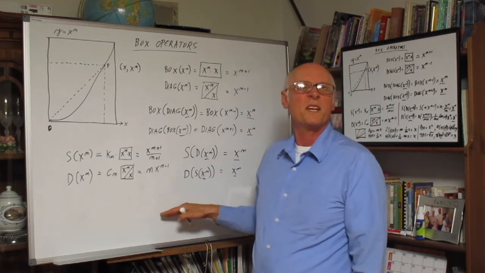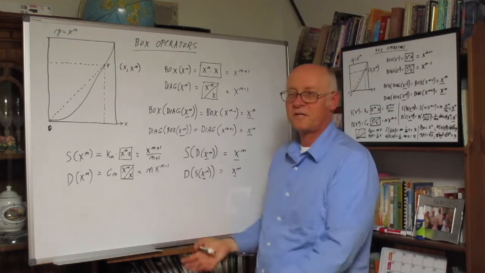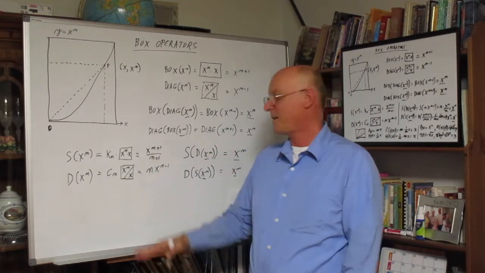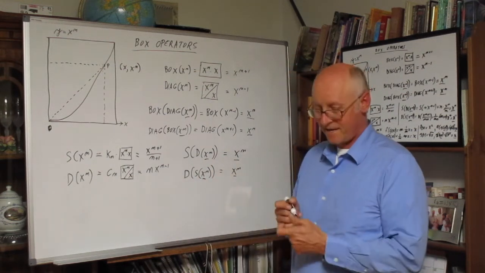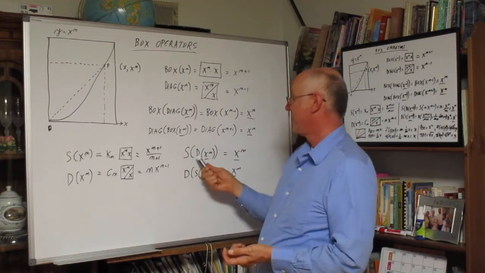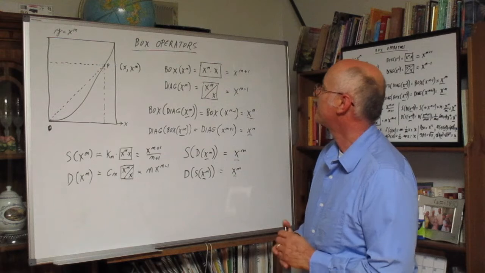How about if you do a dig and then you do a dump? So you dig a hole and then you fill it, you dump it. So you end up where you started from. That's an inverse operation. That's how you think of these things. That's what the box operators do for you.